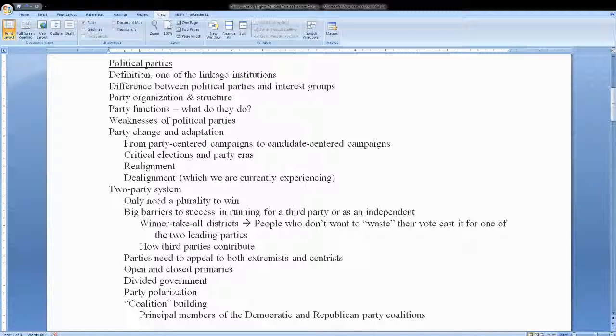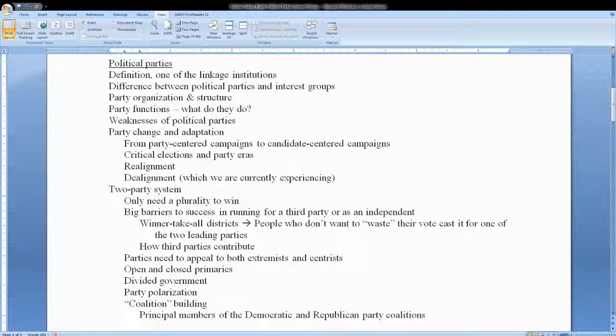The winner is going to get everything. There's nothing for the loser. So that pushes people to try to make their vote count by choosing one of the top two parties, since they have the best chance of succeeding. They don't want to waste their vote by casting it for somebody else.